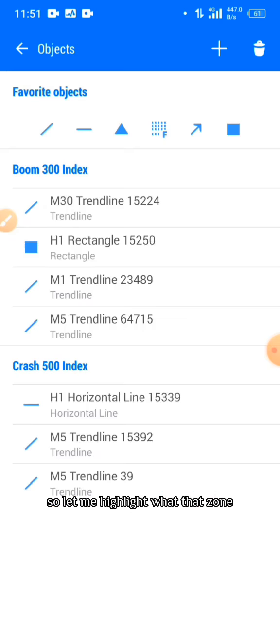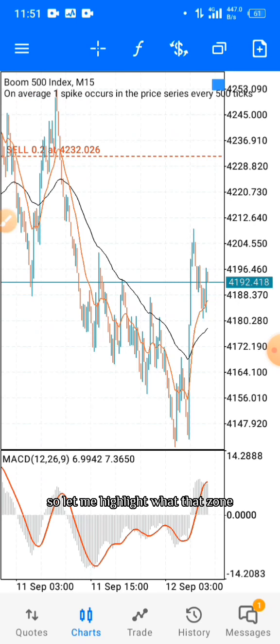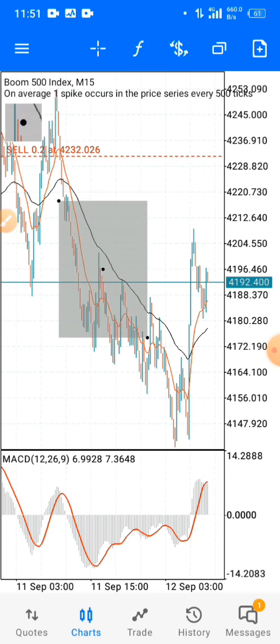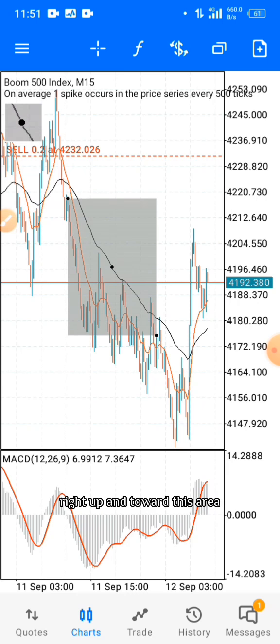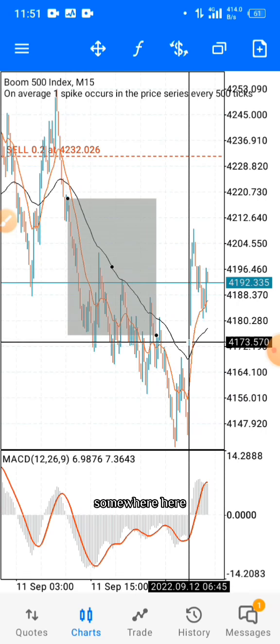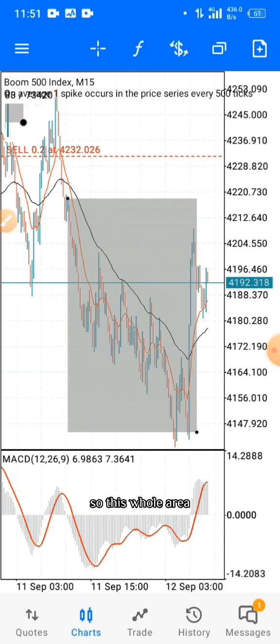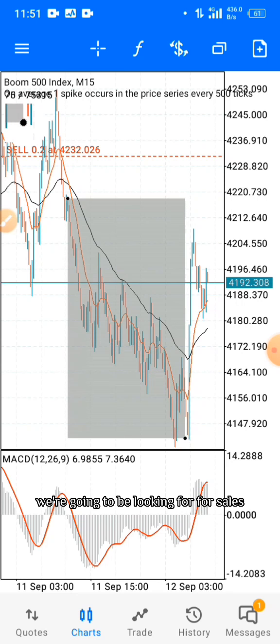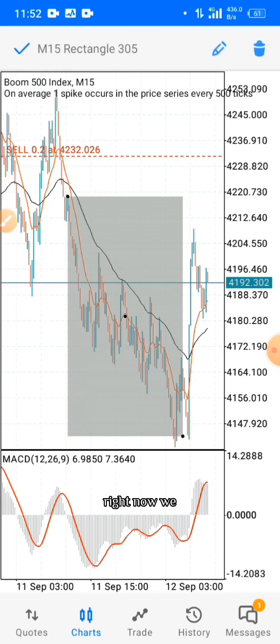So let me highlight that zone, starting from somewhere here, right? Up until this area somewhere here, right? So in this area we're going to be looking for sales, right?